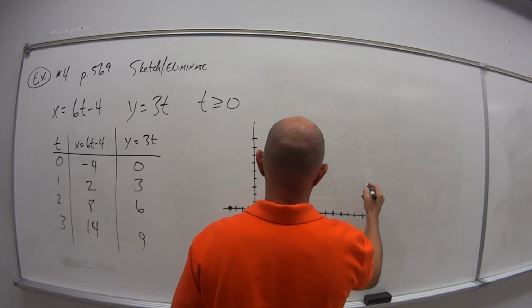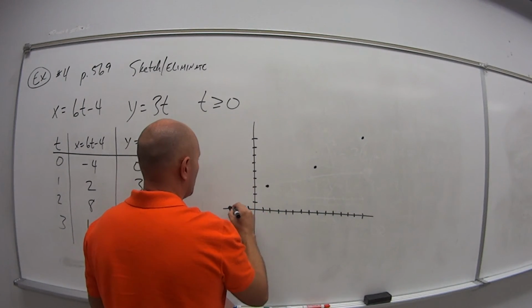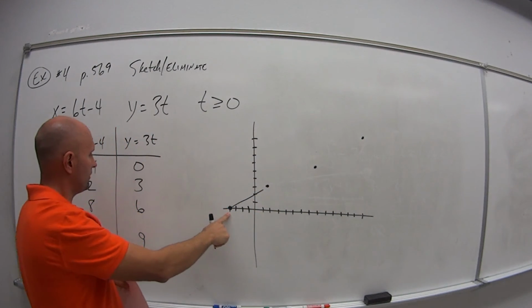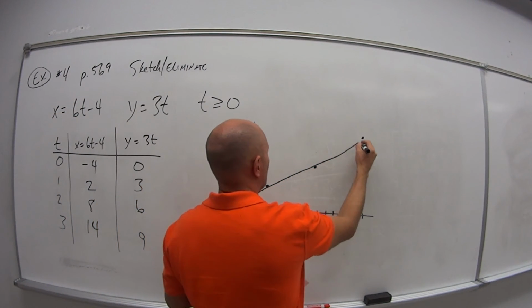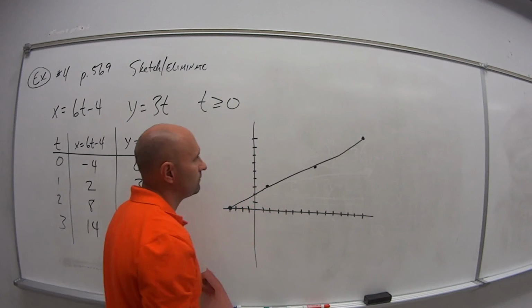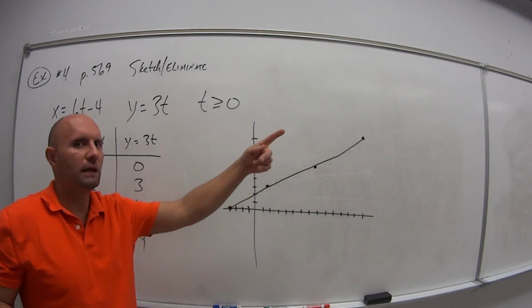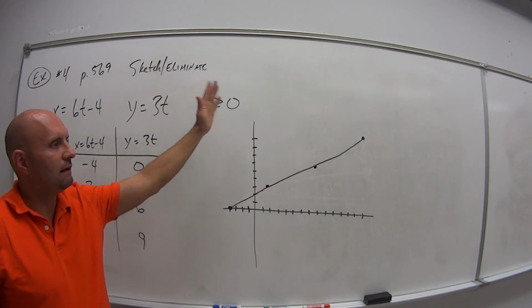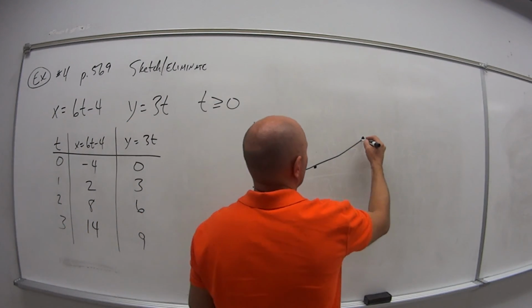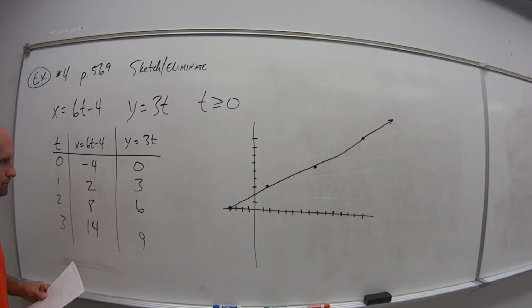And then 14 and 9. So what do I get? I get a line that starts here at negative 4, 0. And it's a straight line that goes through all these points. Well, sort of straight, if I drew my dots in a straight line. But now do I stop there or do I keep going? Well, in my table I stopped at 3, but that's just because I didn't want to put any more values. But remember, t can be anything past 0. So technically this straight line just keeps on going up and to the right.